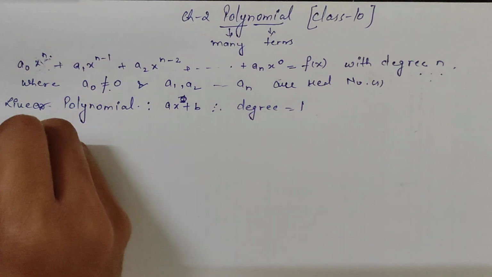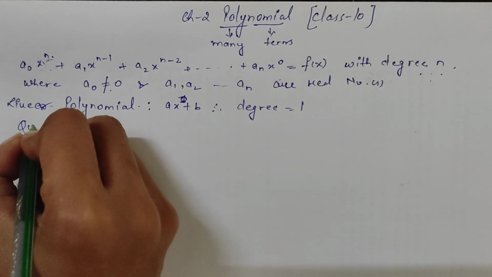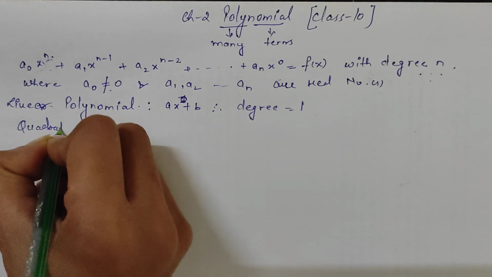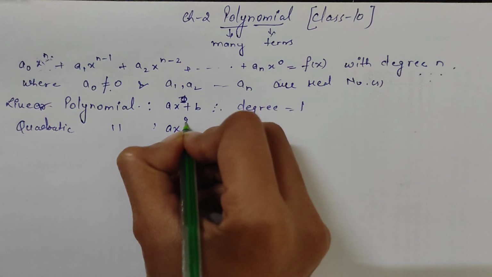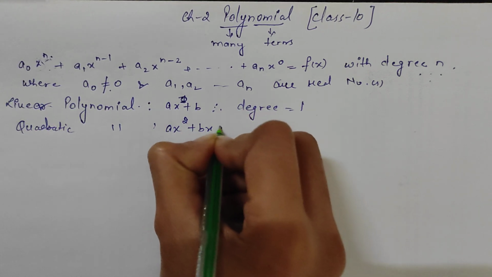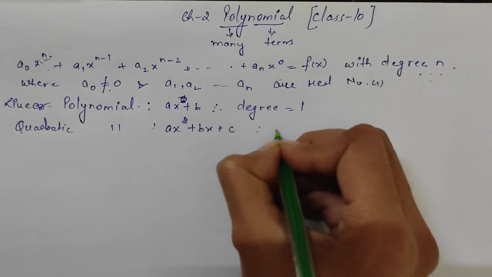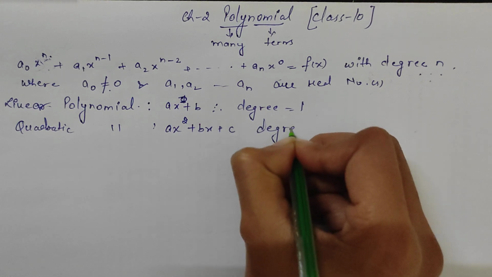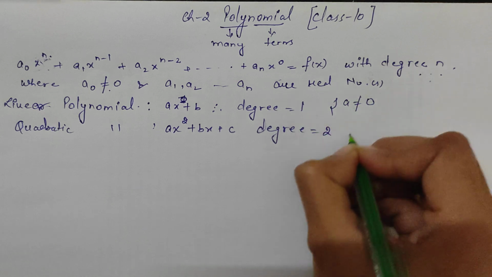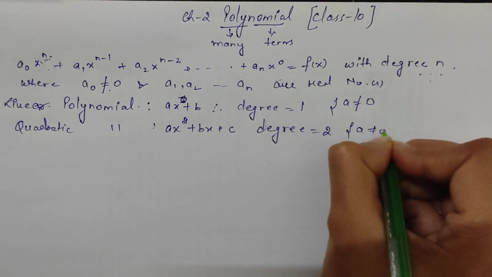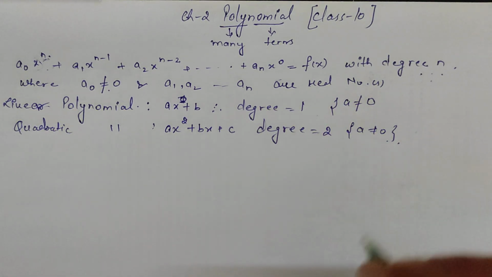Next is the quadratic polynomial. The general form of a quadratic polynomial is ax square plus bx plus c, and the degree is 2. And obviously here a is not equal to 0. Why?